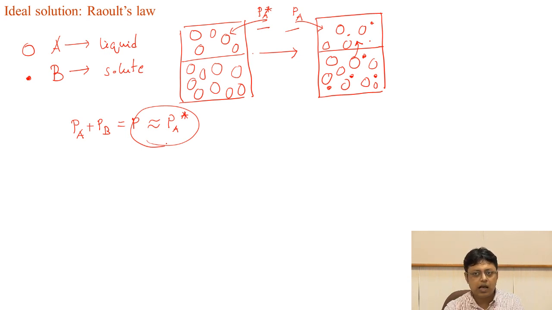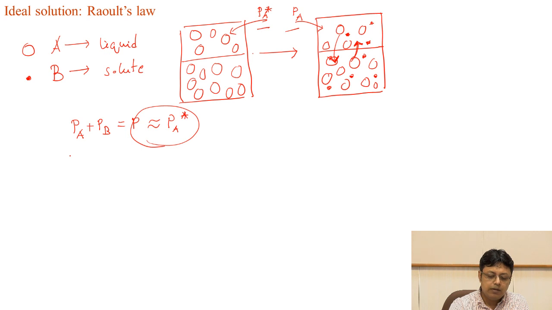Now you can actually have a kinetic model to describe this entire process. Remember that at equilibrium, every equilibrium is a dynamic equilibrium, which means there will be some molecules of A going into the vapor phase and some molecules of A going into the condensed phase, and the same thing is happening also for the molecules of B, which is a solute but has a very small number in the vapor phase.